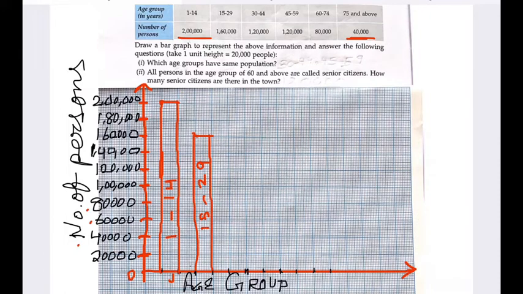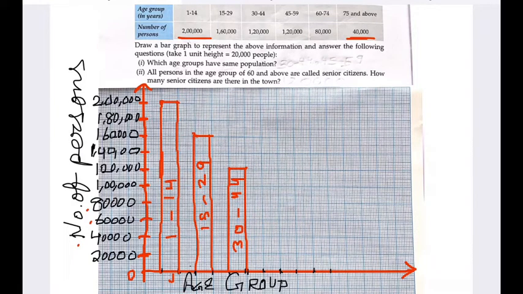Next is 30 to 44. It is 1,20,000. So this one is 1,20,000. So you bring it here and draw the vertical line accordingly. This one and write this is for age group 30 to 44.